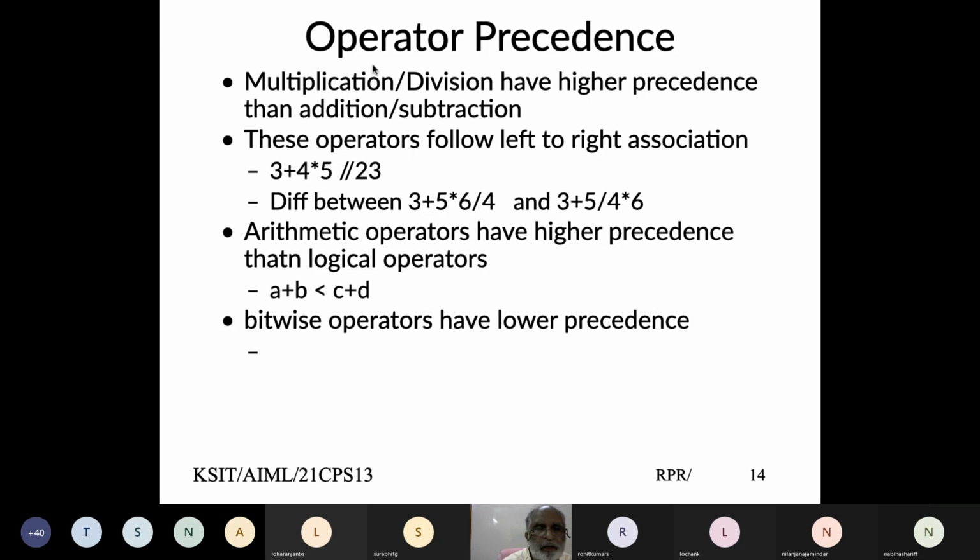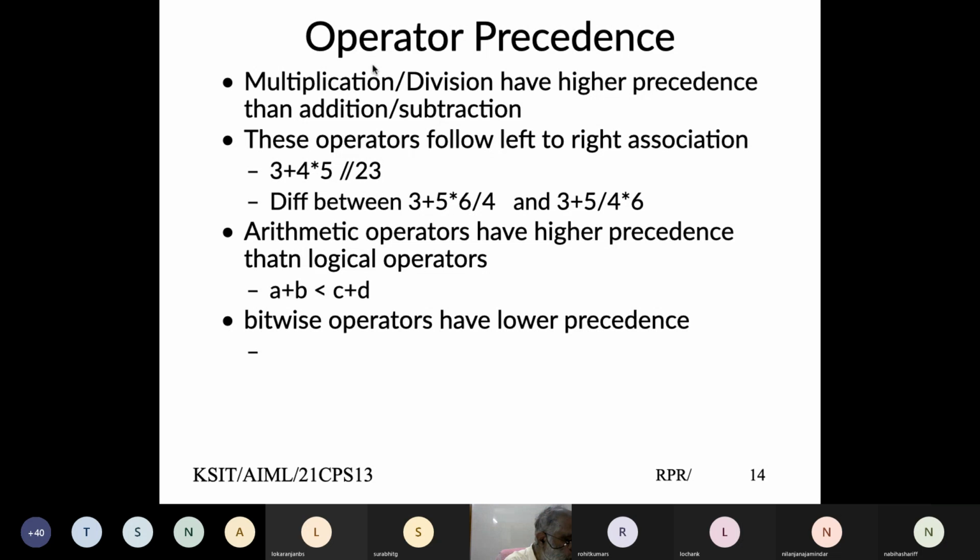With arithmetic and logical operators, A plus B would be evaluated first, C plus D would be evaluated next, and then you do the comparison. There's a whole operator precedence, but most of the time we deal with plus and minus, which are lower precedence, then multiplication and division, and logical and bitwise operators have the lowest precedence.